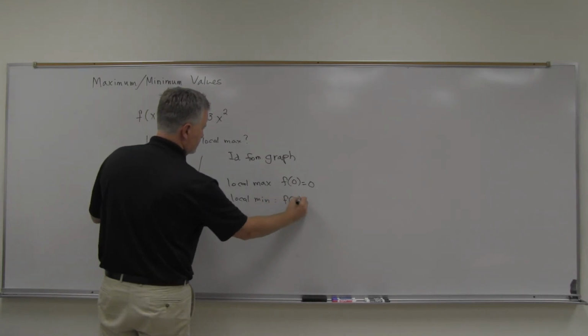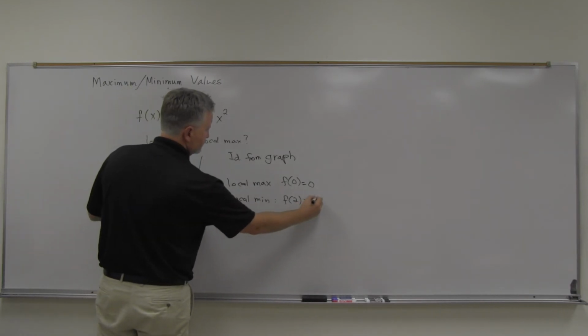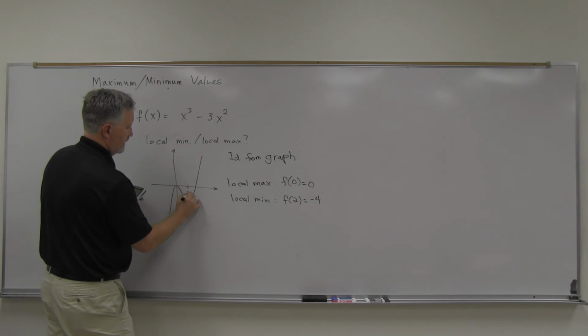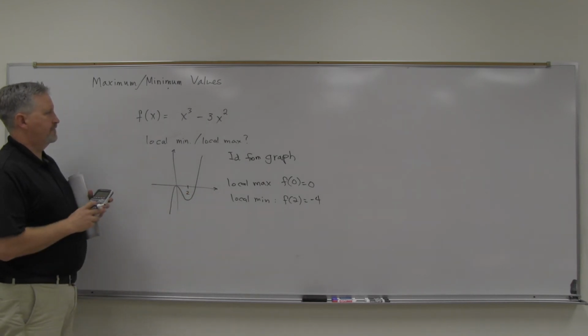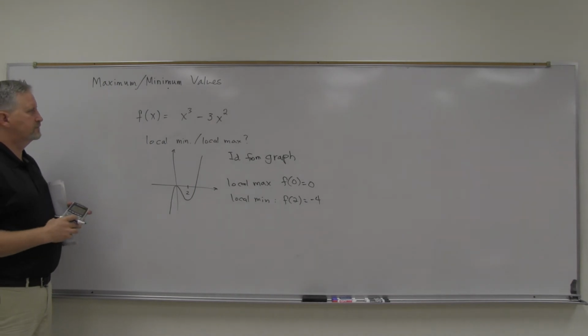F of 2 equals -4. So, very same idea. You just look at the graph and get those. We'll do more details about it in a second.